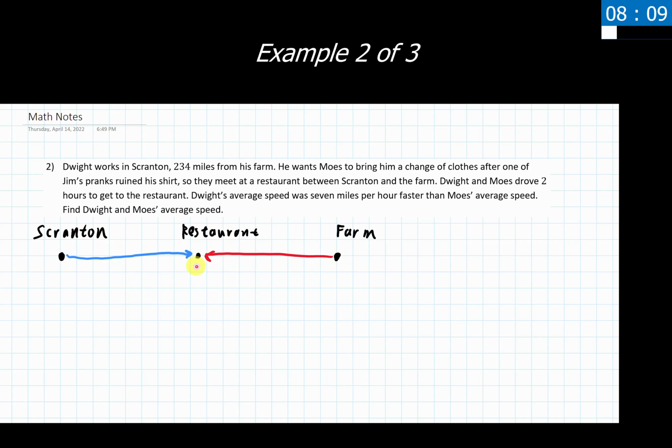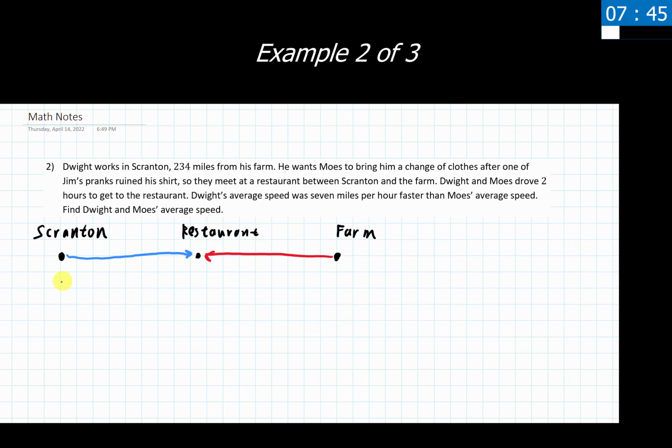So I cannot make any assumptions that this distance here is the same as this distance here. Maybe it is the same, maybe it's different, but we have certainly not been told anything to confirm that they are the same. So, for the time being, we should assume that these are going to be different distances.